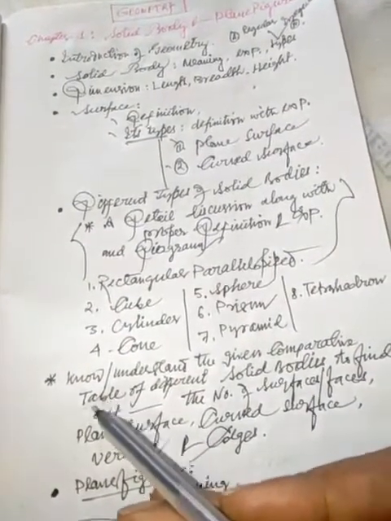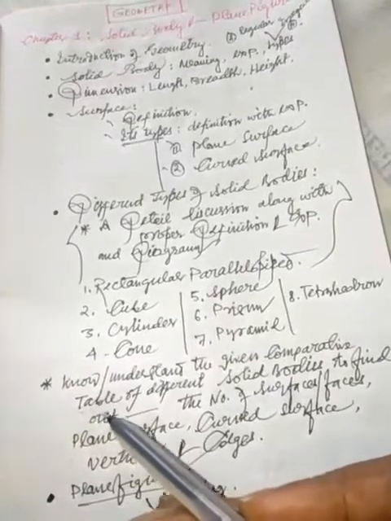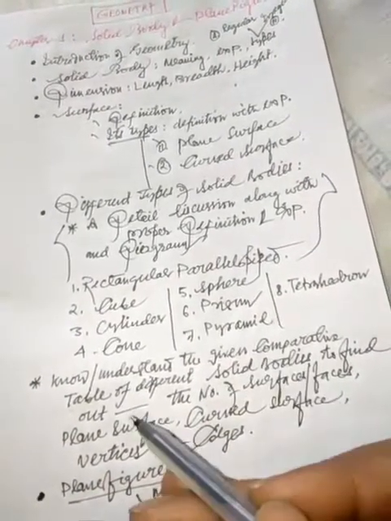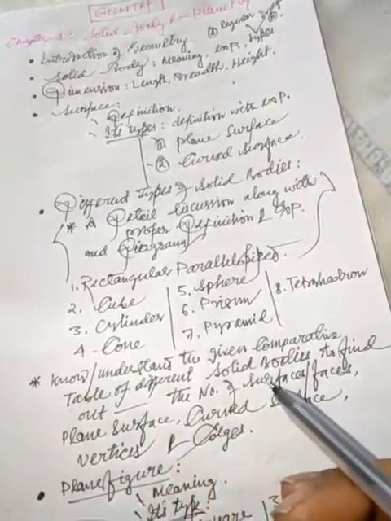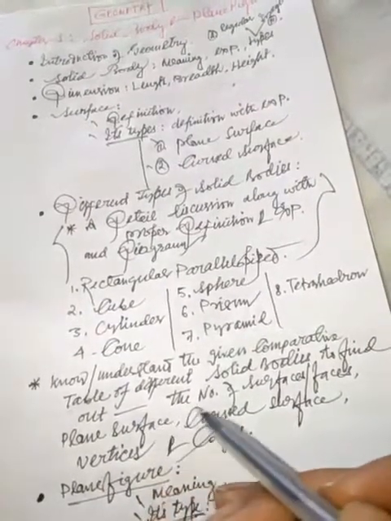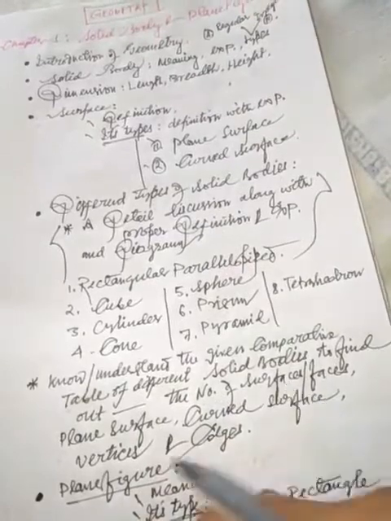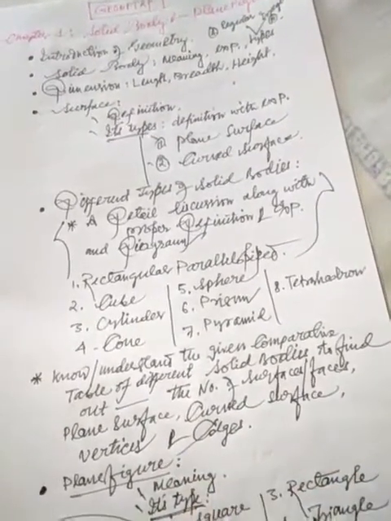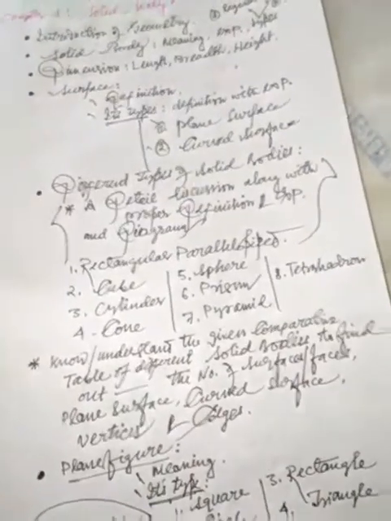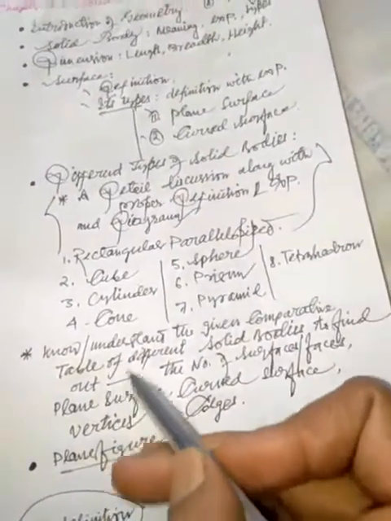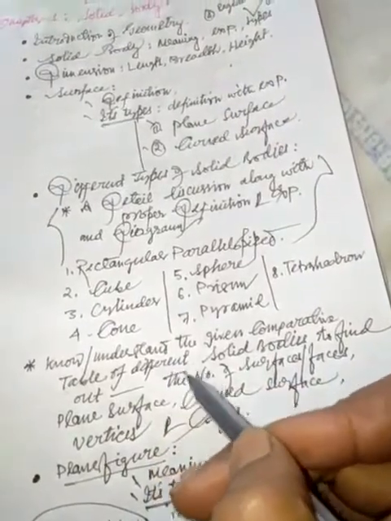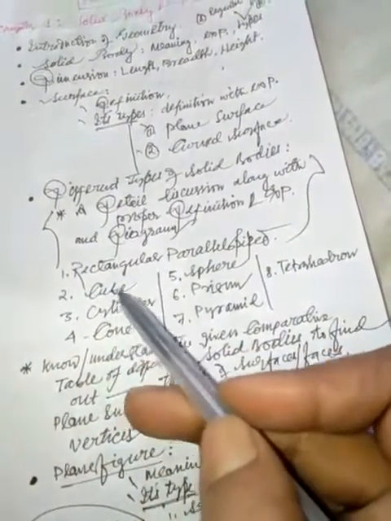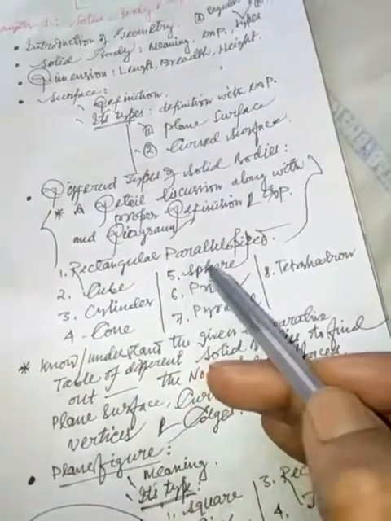And here is also an important thing, that is know or understand the given comparative table of different solid bodies to find out the number of surfaces or faces, plane surface, curved surface, vertices, and the edges. Let me make this point more clearer to all of you, that suppose I am taking this example, the rectangular parallelopiped.